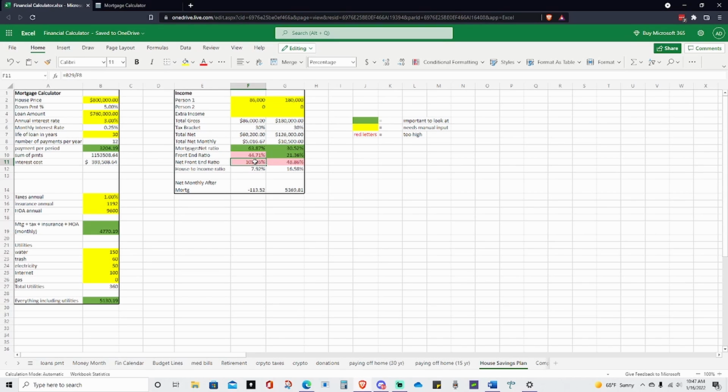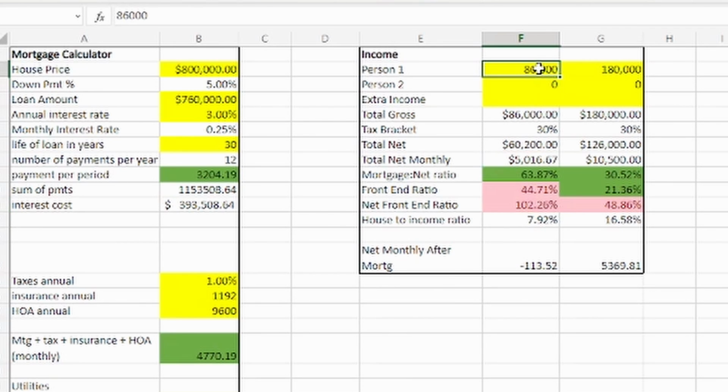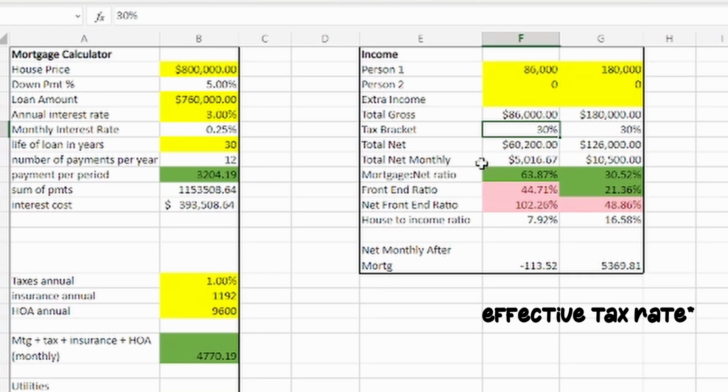It's going to take into account every single living expense that you have for this home. So the net front end ratio is the cost of the home after all expenses associated with the home divided by your net monthly income. In this case, I have someone making $86,000 a year in California. Their tax bracket is 30% cumulatively, so their net income is only $60,000.